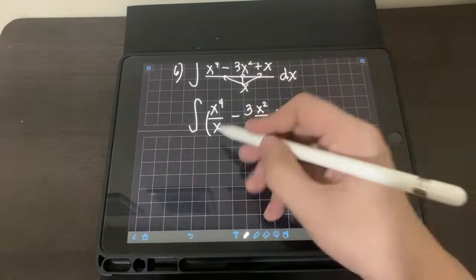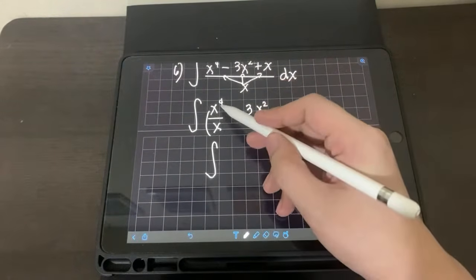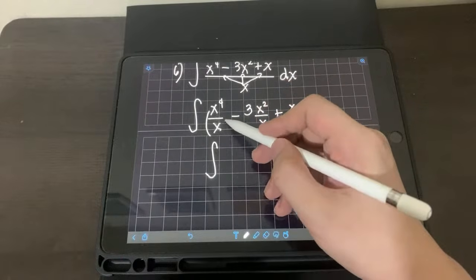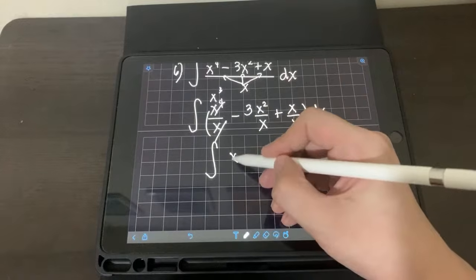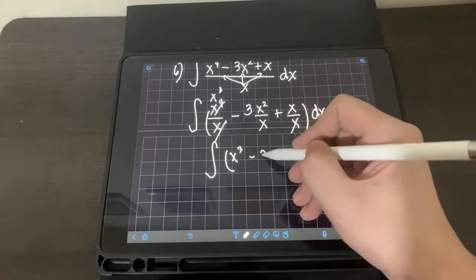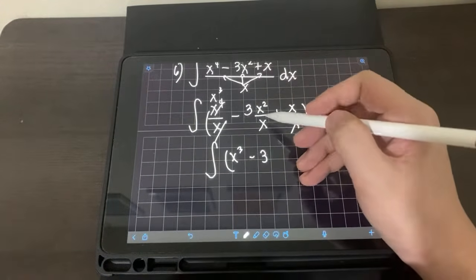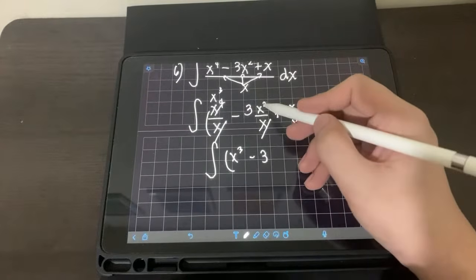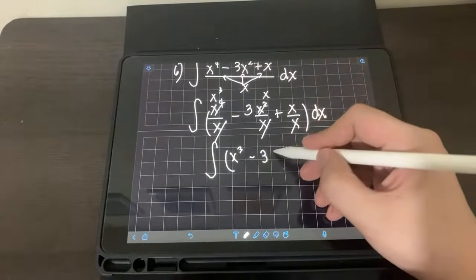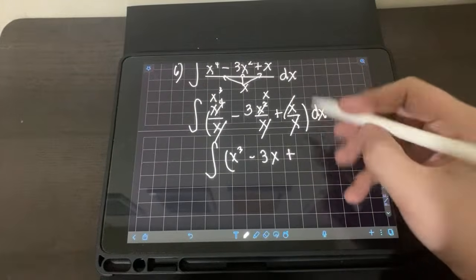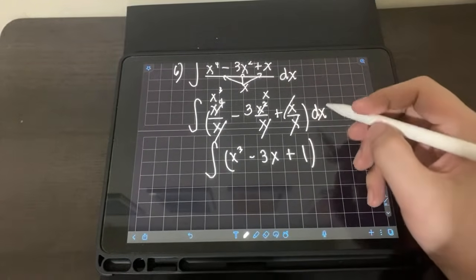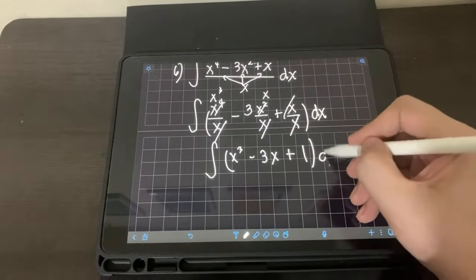Okay, and then simplify. So, x to the 4th divided by x. So, cancel the x. X to the 4th becomes x cubed. So, you have x cubed, then minus 3. Then, x squared divided by x. Cancel x. X squared becomes x. So, you will have x na lang. Plus x over x. So, cancel. Just 1. Dx.